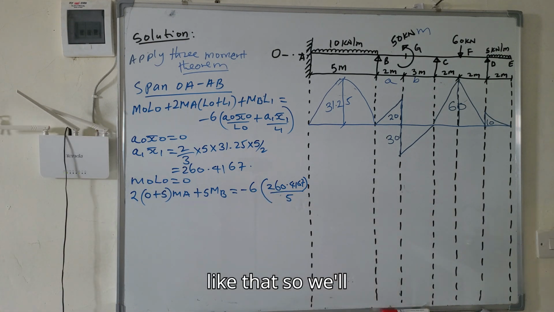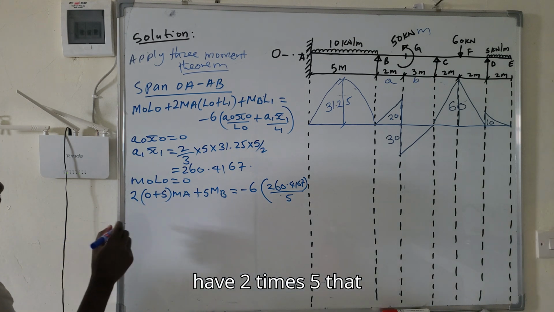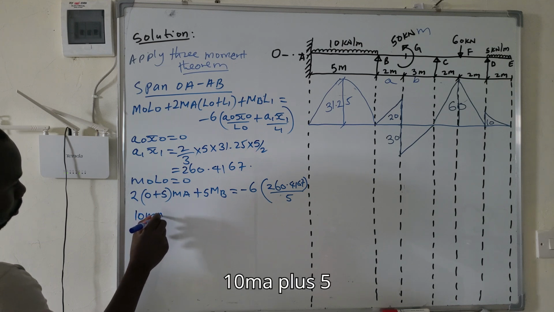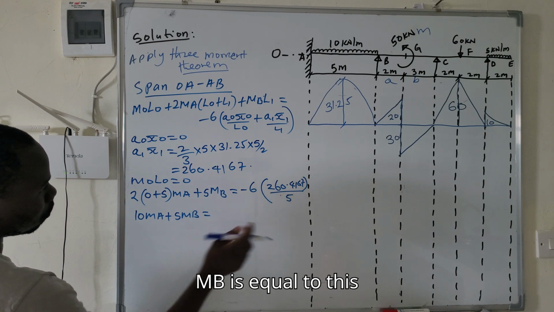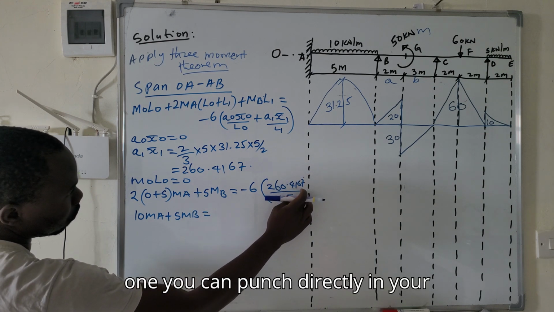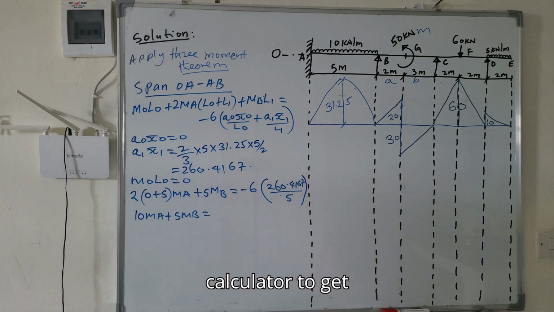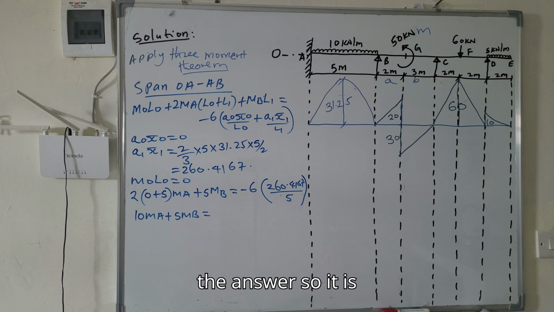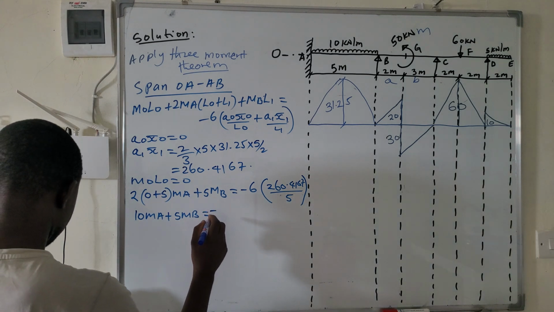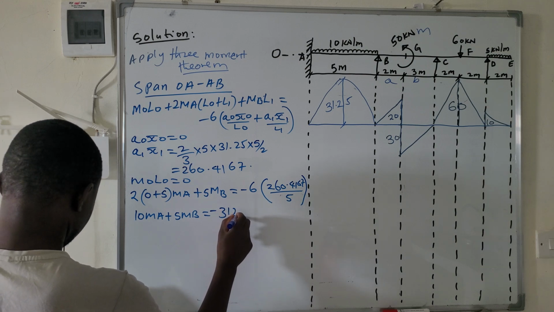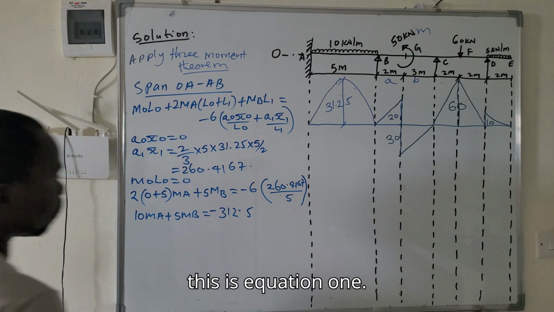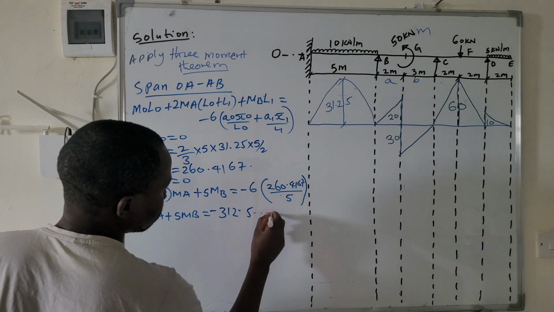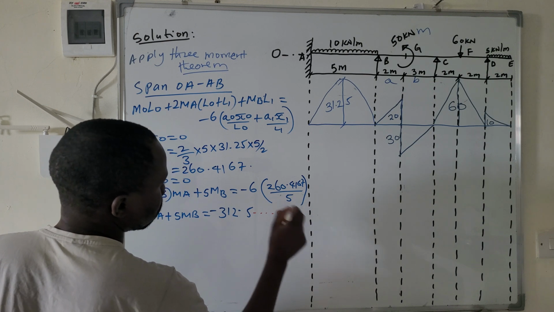So we'll have 2 times 5, that is 10, 10 MA plus 5 MB is equal to, this one you can punch directly in your calculator to get the answer. So it is negative 312.5. So we call it equation 1.